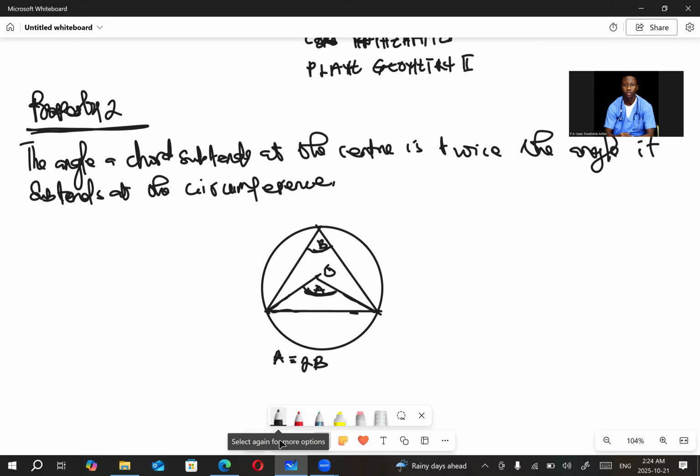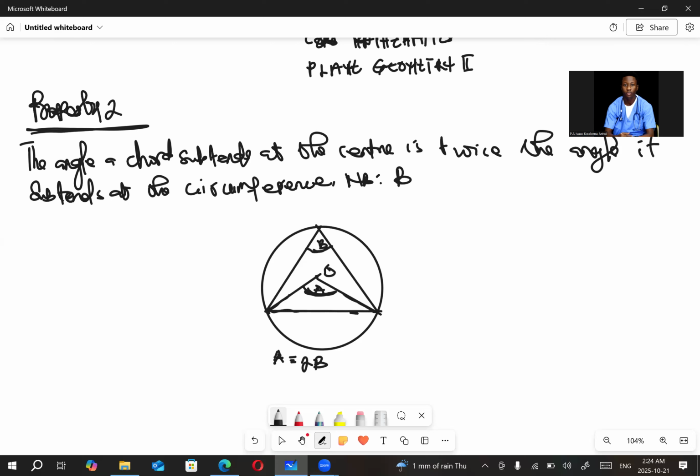Okay, so now let's add this to the property. When you are solving and you have to attach the property as a reason, don't write it. But I want you to write it somewhere for your reference.